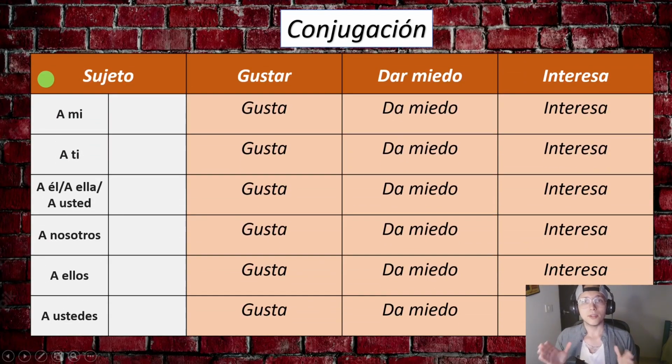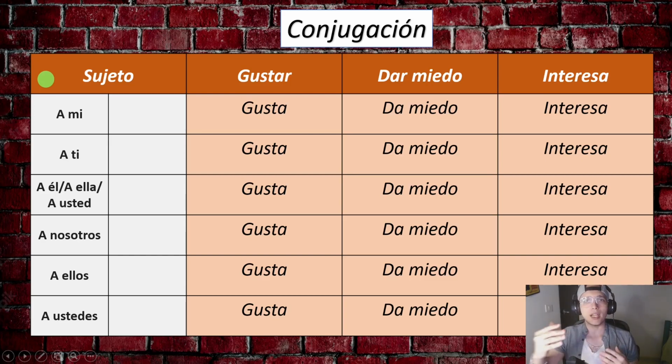Well, the first thing I want to explain to you is that in Spanish, some verbs behave differently than they do in English, okay? For example, when we say I like chocolate in English, we do the action, I like. Or when we say I am afraid of something, we do the action, I am afraid. Well, in Spanish, it works the other way around.